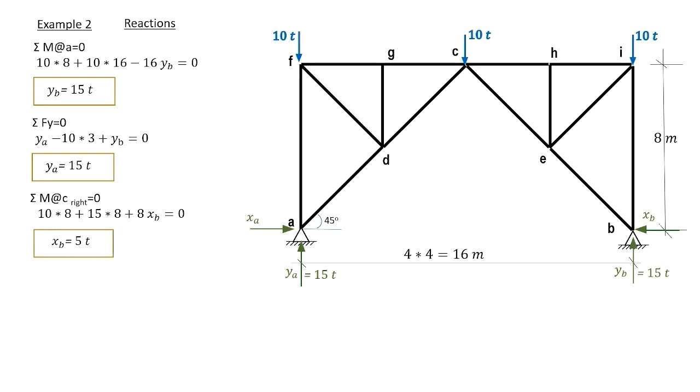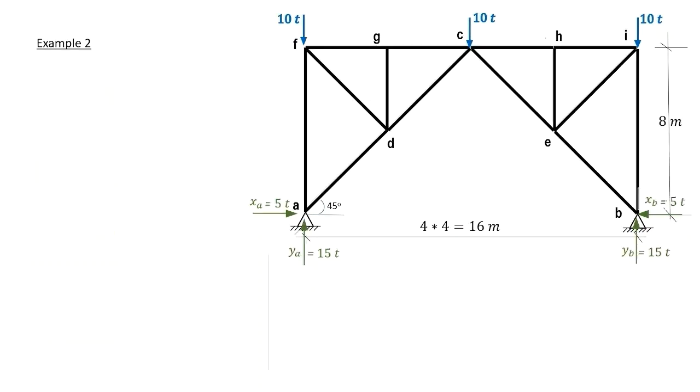This gives XB equals 5 tons and is plotted on the diagram. Sigma forces in the X direction equals 0, gives that XA equals 5 tons and is plotted on our diagram.